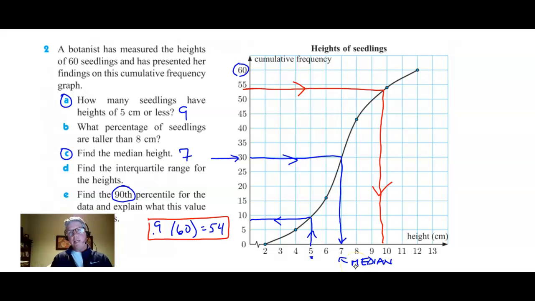I could call the median the 50th percentile. Okay, so you can always interchange it. There's no special name for 90th percentile, except for in this case, pretty tall. So I'd say that's 9.8. So if I was 9.8 centimeters tall, I'd be in the 90th percentile, which means 90% of the data are below me in this case.